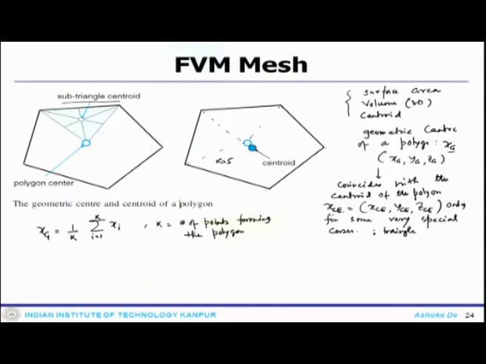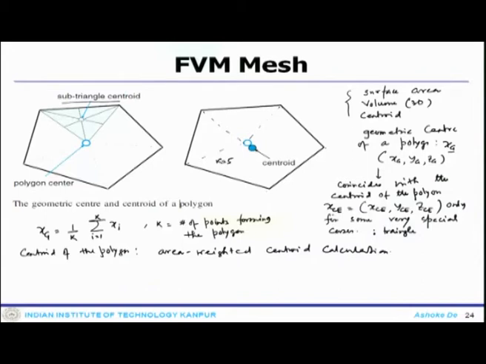for computing the centroid of the polygon, you use some sort of an area weighted centroid calculation.